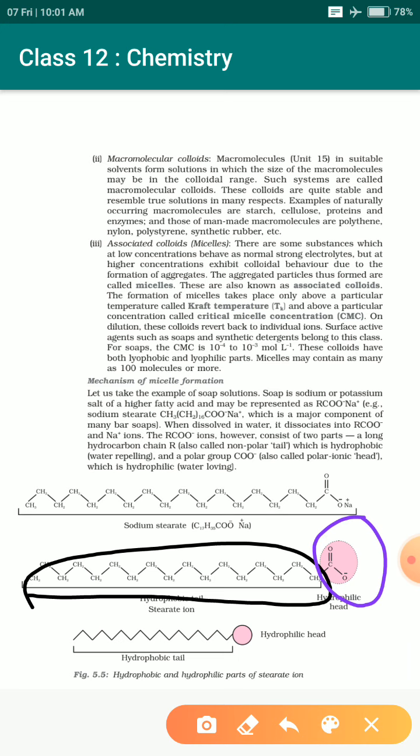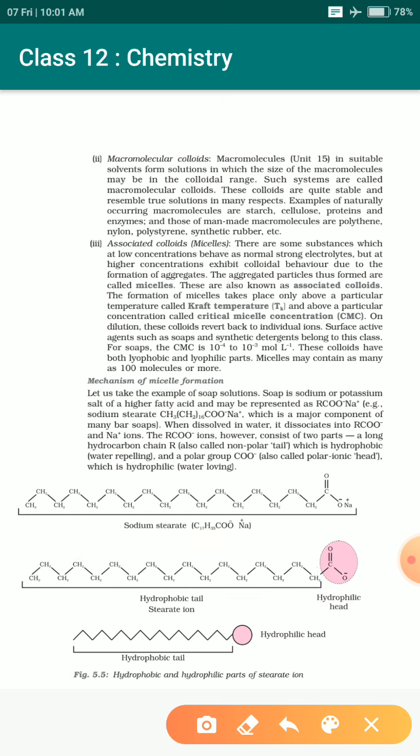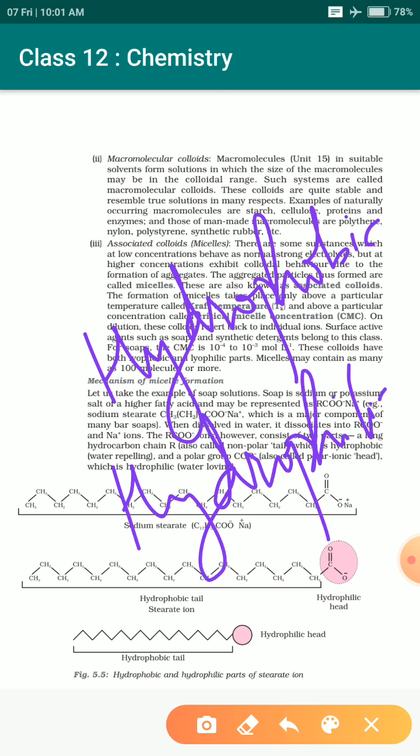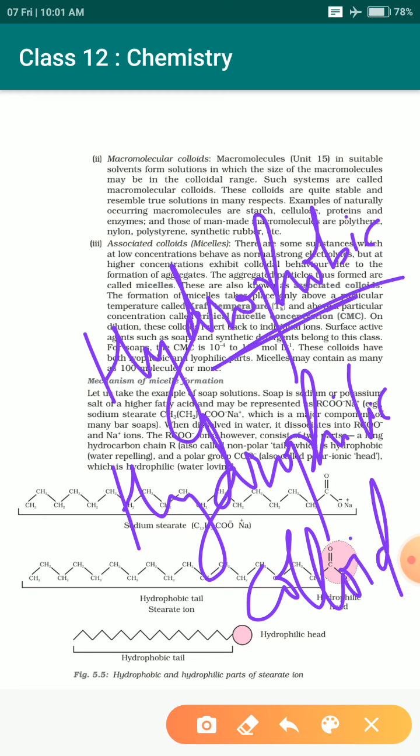Okay, now speaking further, we have already studied hydrophobic colloid and hydrophilic colloid, right? Hydrophobic are those which are not attracted towards water, or which hate liquid.